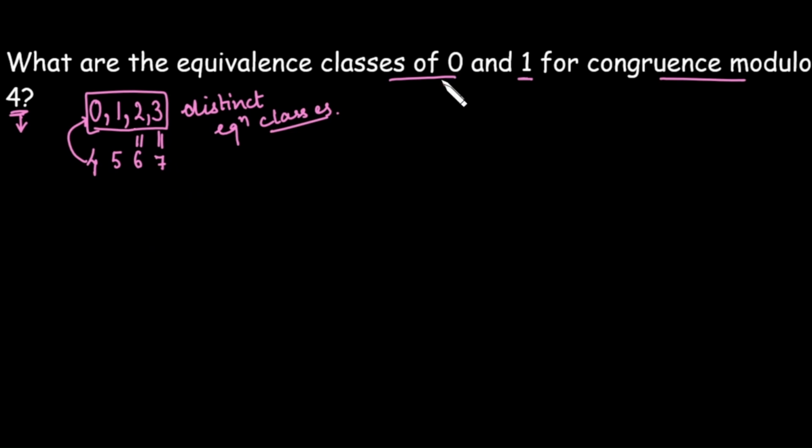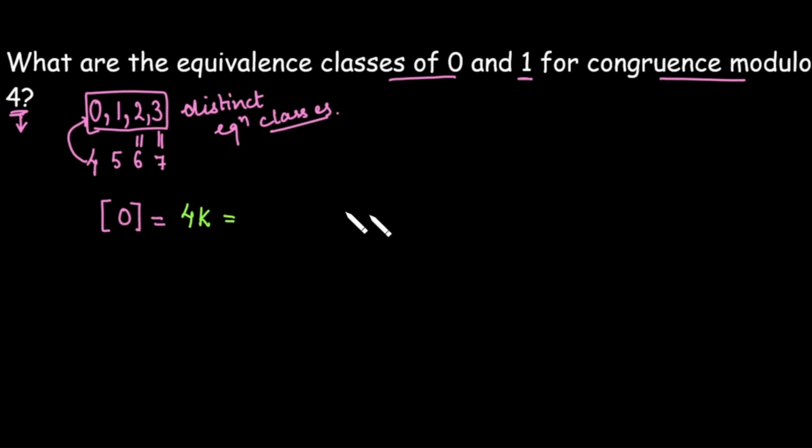But in this case, we need to find the equivalence class of 0 with respect to congruence modulo 4. So what we need to do in this case, collect all the elements of the form 4k, means we need to collect all the integers of this form, because when we divide this with 4, we will get the remainder 0.